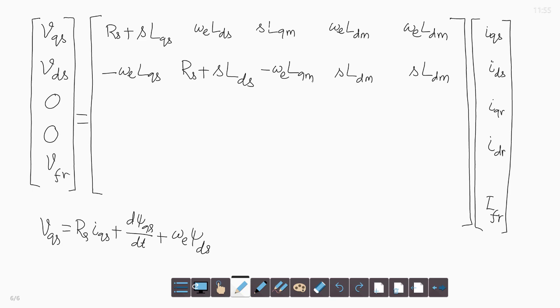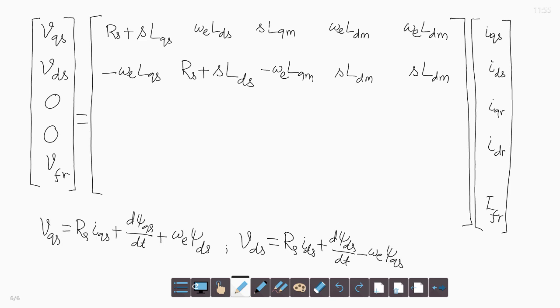As you can write, VDS is RS into IDS plus d psi ds by dt minus omega E into psi QS.